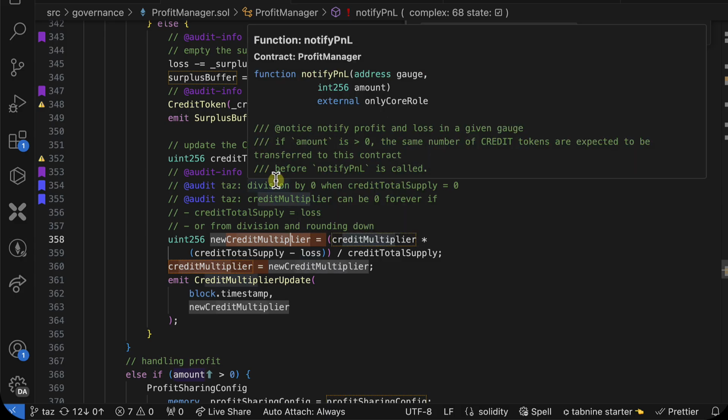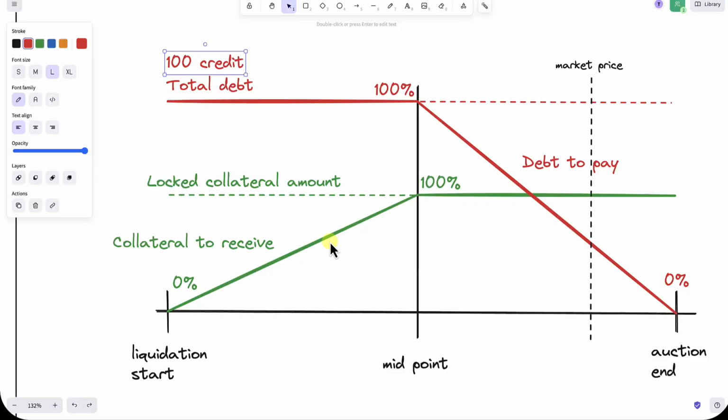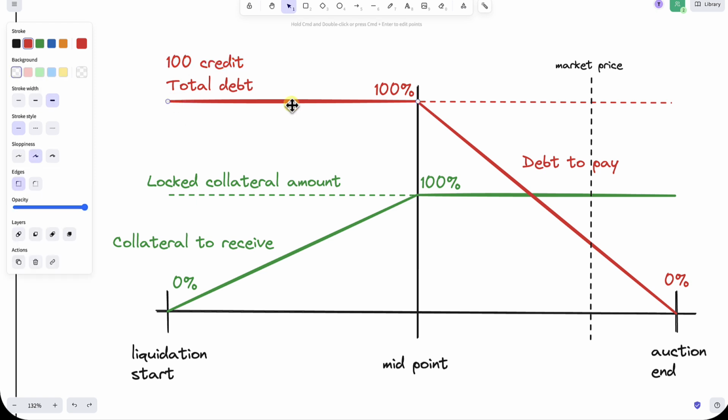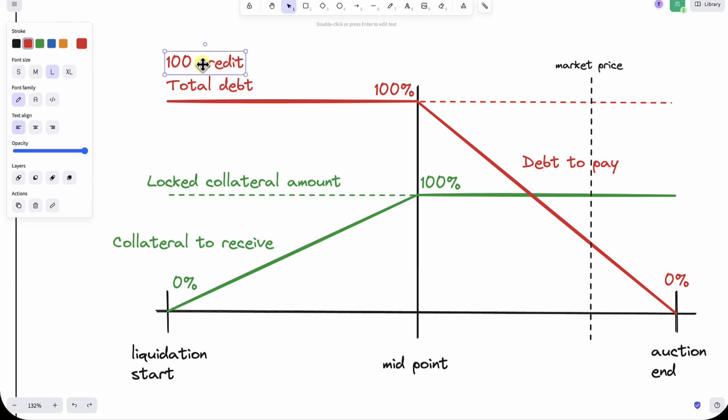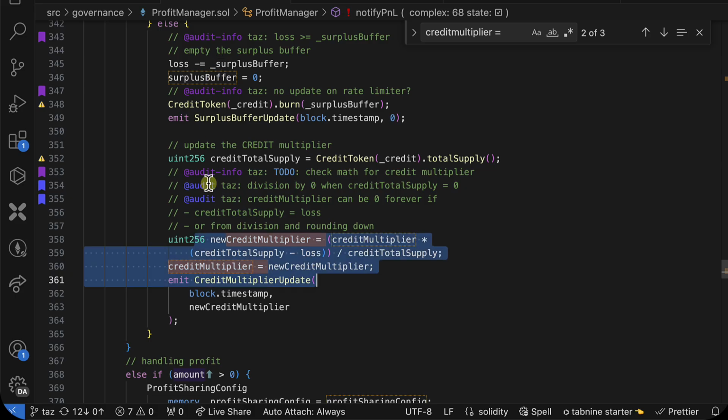And then let's say that we're going back to this auction, and someone bids to repay all of 100 credit. So this will go back to the call to function on bid. Somewhere here in the beginning, someone wants to pay all the 100 credit tokens required to cover the loan.